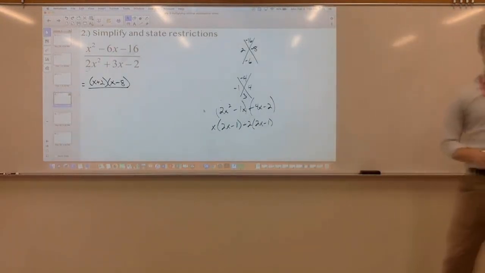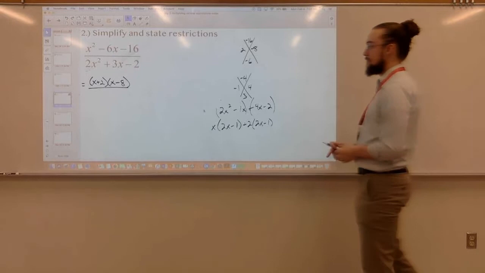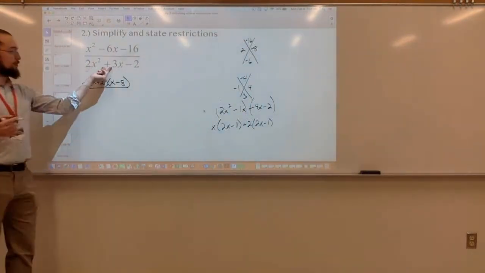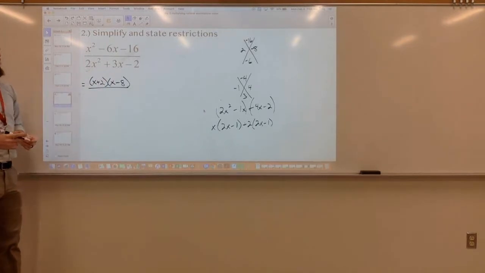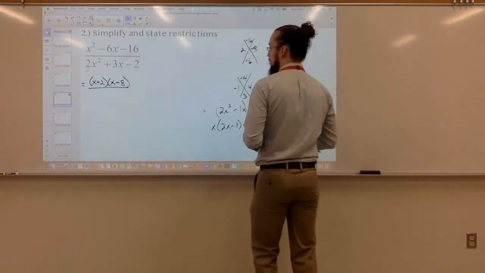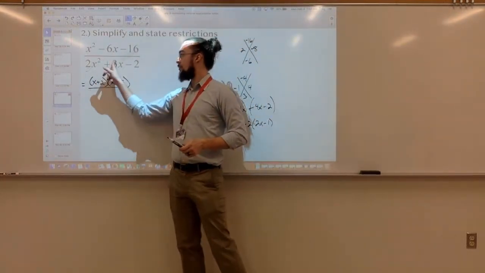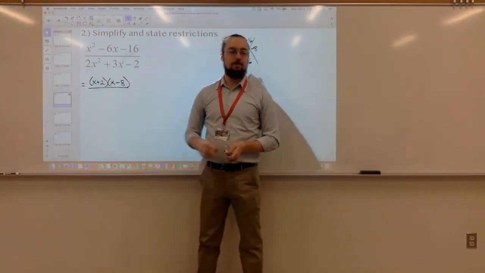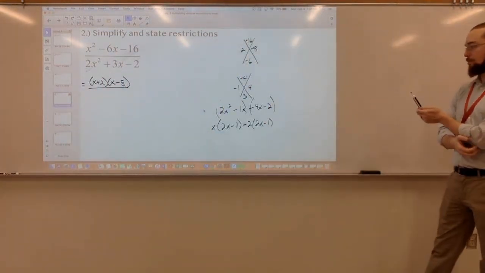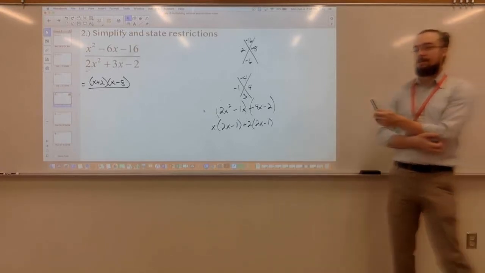It probably won't work if this is a subtraction, well, I guess it would. We would just make this negative, but it'll probably be easier to follow along if you just make the problem a plus sign here. It just wouldn't simplify.